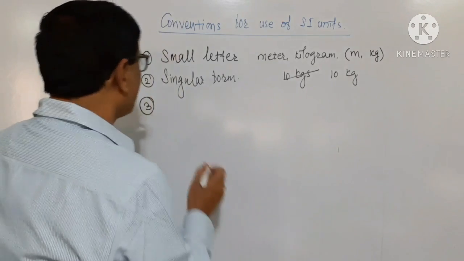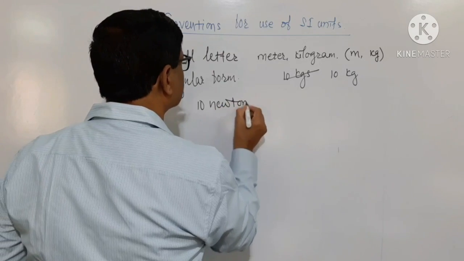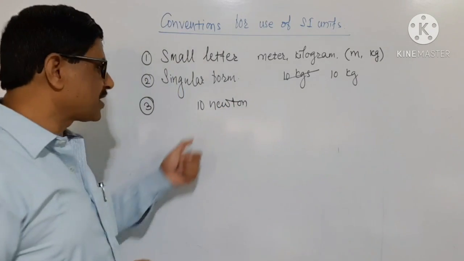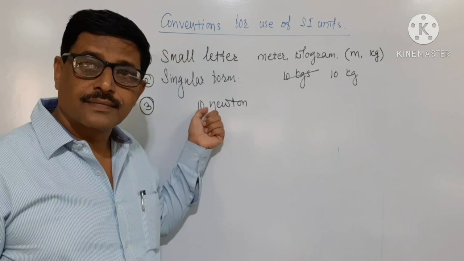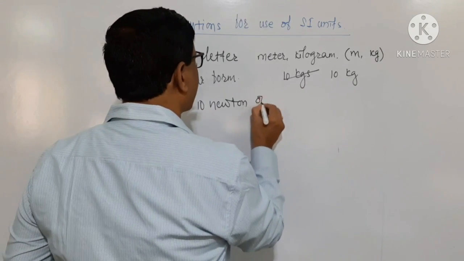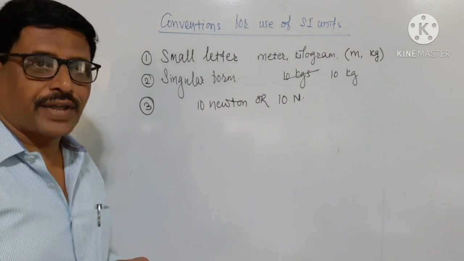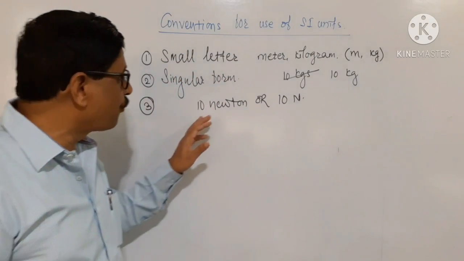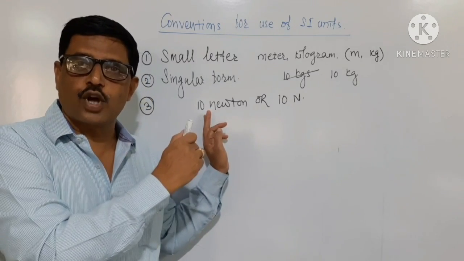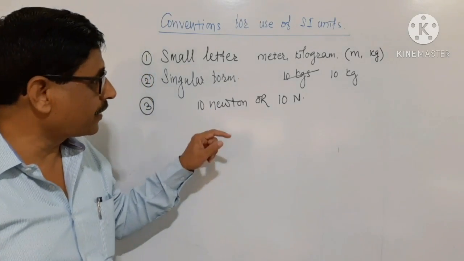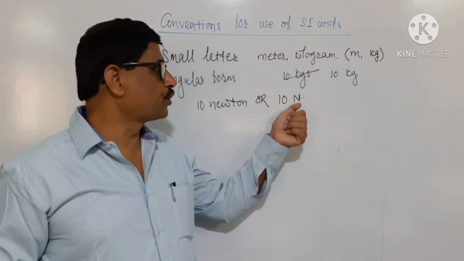As an example, you may write 10 newton, though it's the name of a scientist, it should start with a small letter. Or simply you can write this as 10 N. When I am writing the unit in full, then though it's the name of a scientist, you should write it in small letters. And when we are writing the same newton in symbolic form, it should be a capital N.